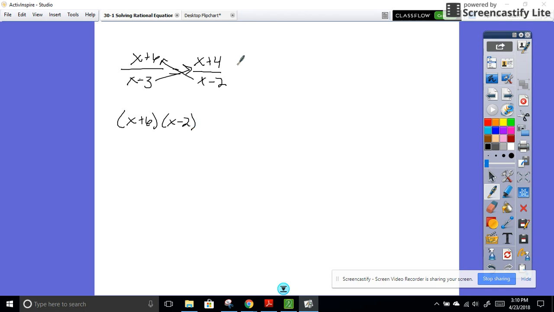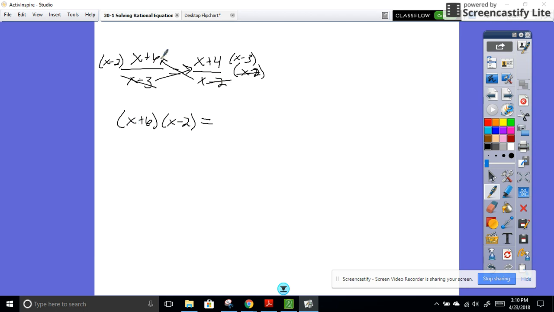Or you could think about it as multiplying both sides by x minus 2. And what happens over here? It cancels out. Okay, that's how you want to think about it. What are you doing over here? You're multiplying both sides by x minus 3. It's going to cancel out over here, and you're multiplying that by x minus 3. Okay, so that's really what's happening when I cross multiply. I'm just not showing my canceling out.